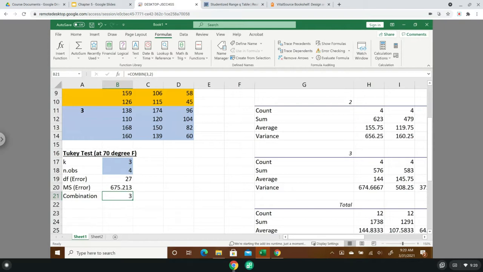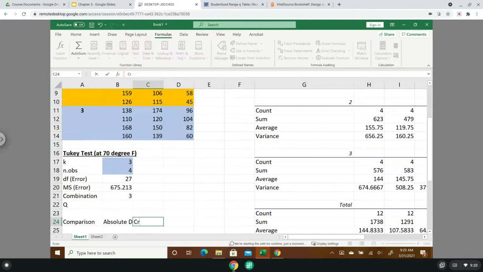Okay. And finally, we need to find the Q value, and then we will create a table: comparison, absolute difference, critical value, and result.